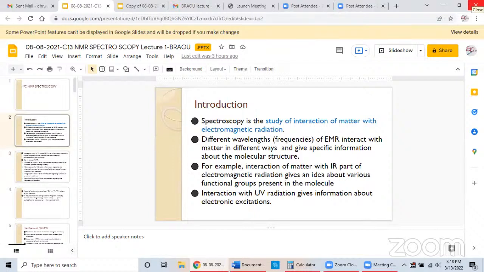Can you see that screen? Yes, madam, we can see the screen. And I'm audible also, right? Yes, madam.